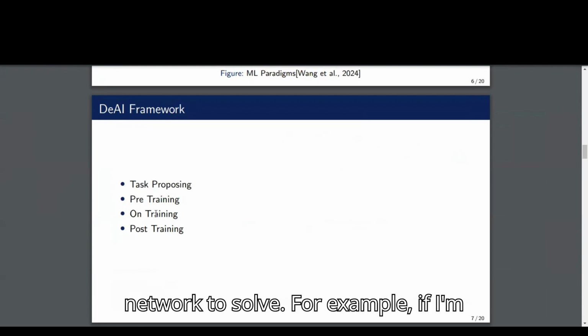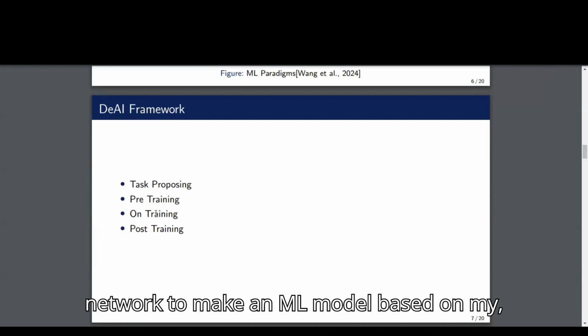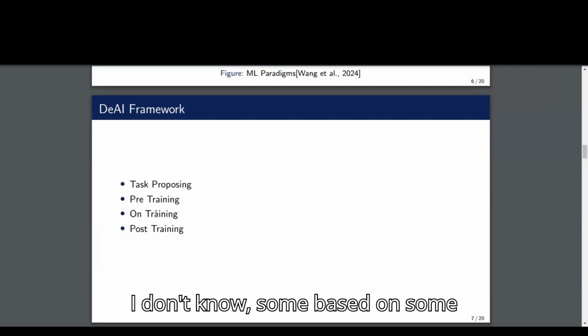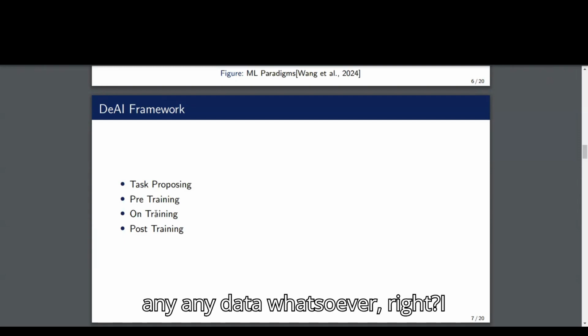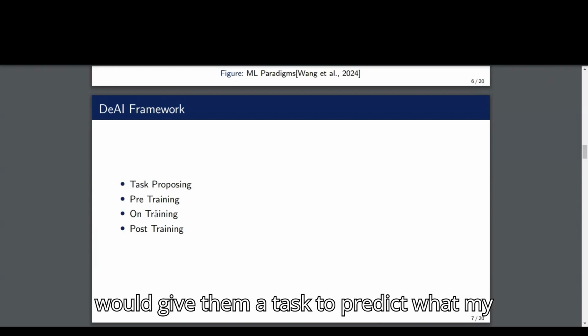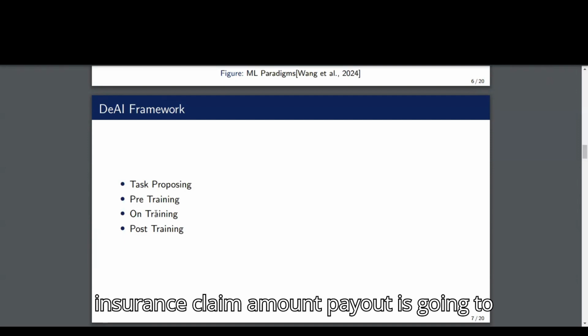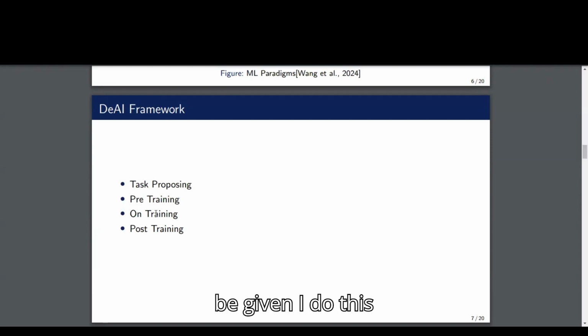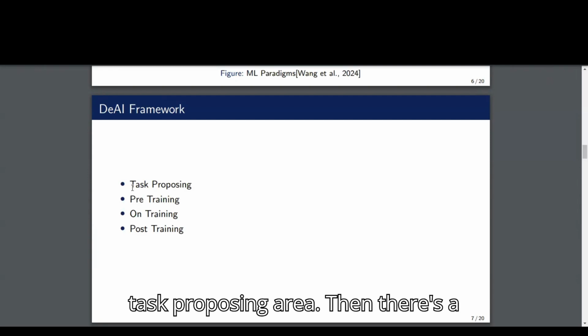For example, if I'm someone who wants the network to make an ML model based on, I don't know, some insurance data or any data whatsoever, I would give them a task to predict what my insurance claim payout amount is going to be, given I do this, right? So on and so forth. That's the task proposing area.